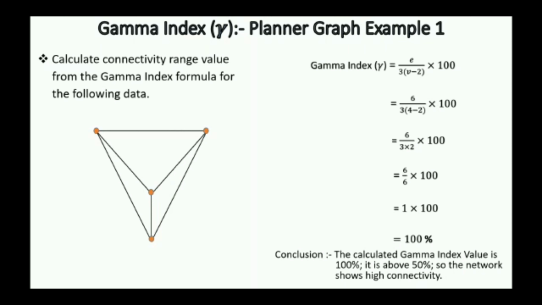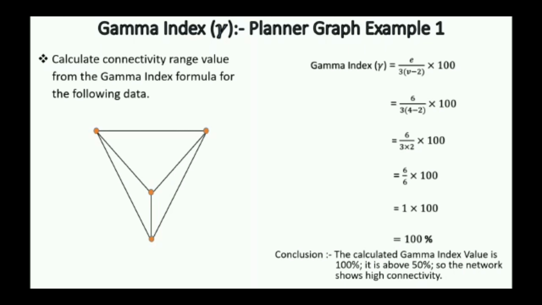So we put these figures in the formula: 6 divided by 3 in bracket 4 minus 2, 6 divided by 3 multiplied by 2, and the answer is 1.